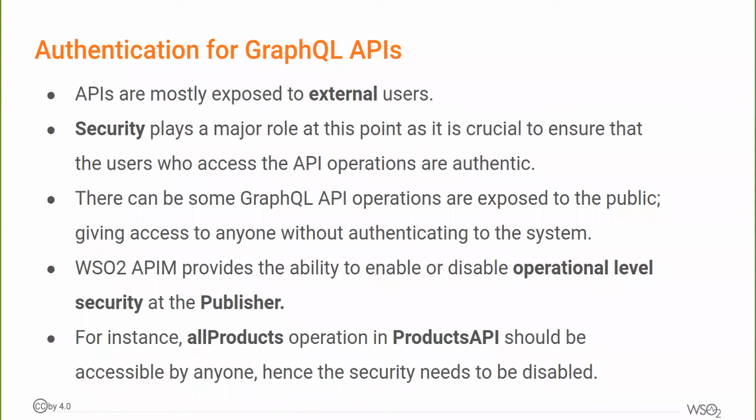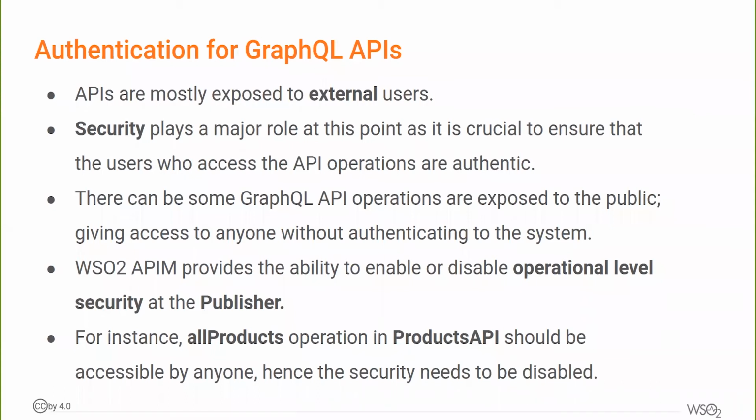So, not for all cases, but there can be situations where it is required to expose some GraphQL operations to the public, giving access to anyone without authenticating them to the system. Likewise, some operations may need security and some may not.